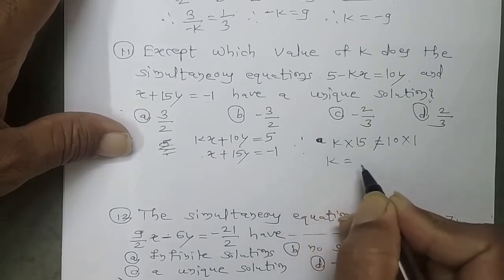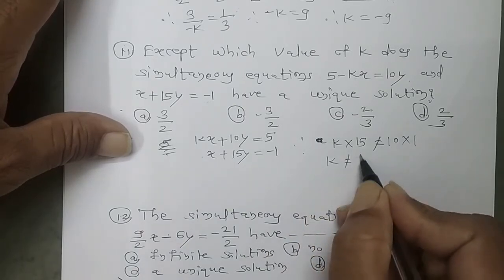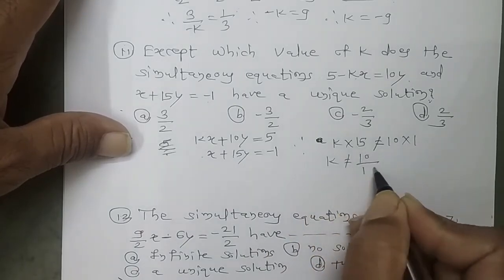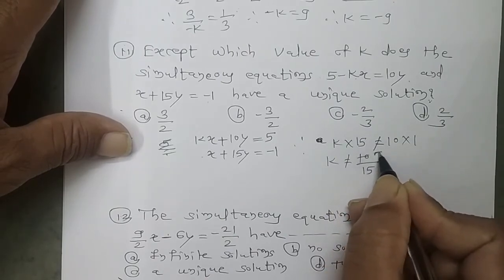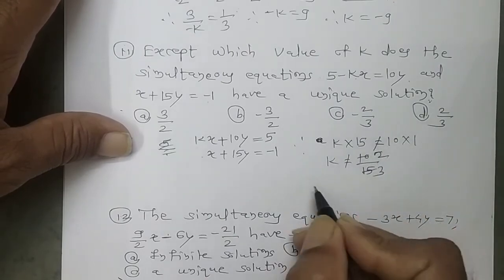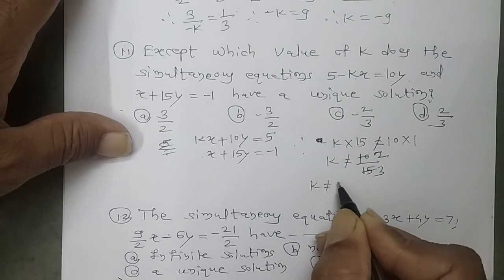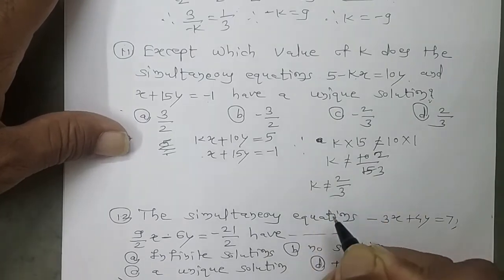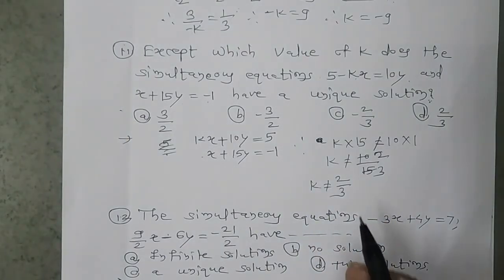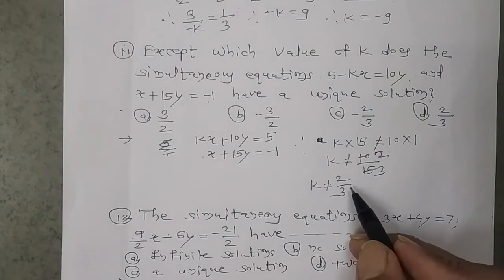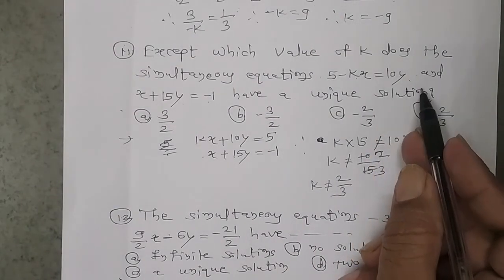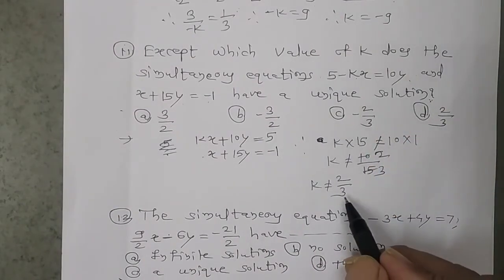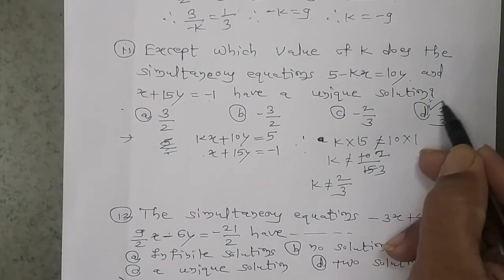Therefore k is not equal to 10 upon 15, dividing by 5, 2 upon 3. Therefore the value of k is not equal to 2 upon 3. So for the value 2 upon 3, the equations do not have a unique solution. Therefore answer is 2 upon 3, D.